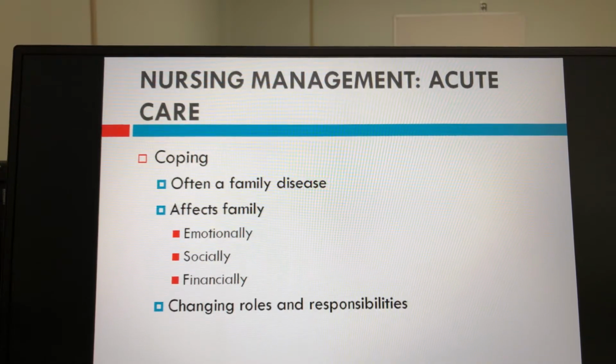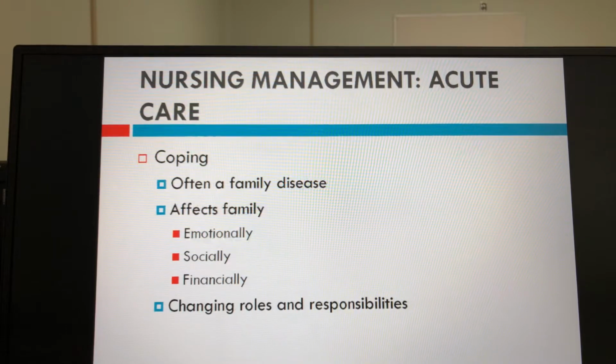During the acute phase of caring for the stroke patient, caregiver, and family, nursing interventions are designed to facilitate coping, and it involves providing information and emotional support.